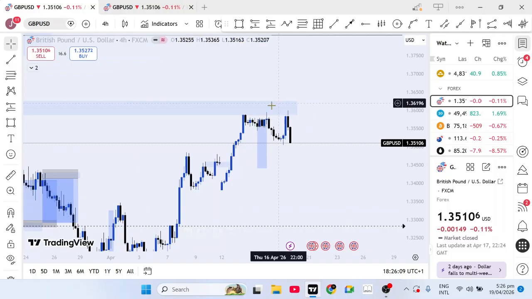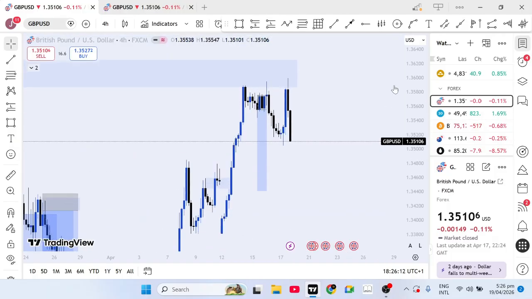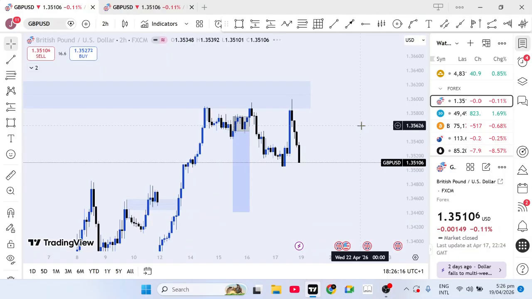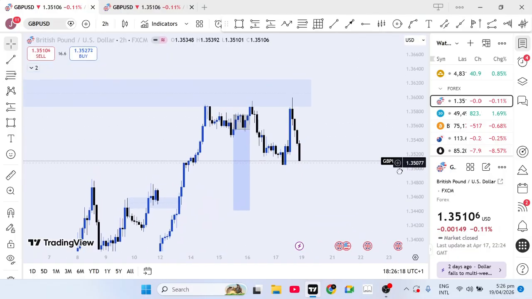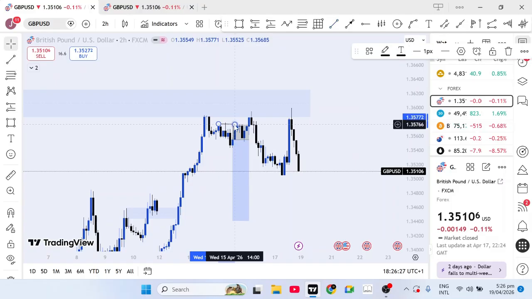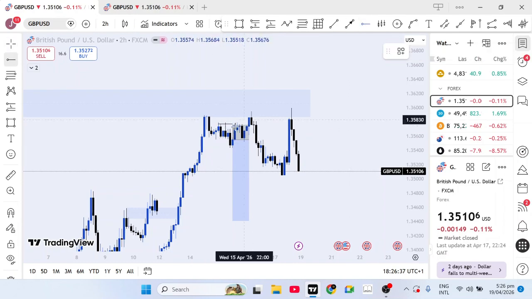So when price got here, then did all this stuff, I think my entry was on a 2 hour time frame. So this was the entry. As you can see, price swept this high right here, and after sweeping this high, it broke this low down here.